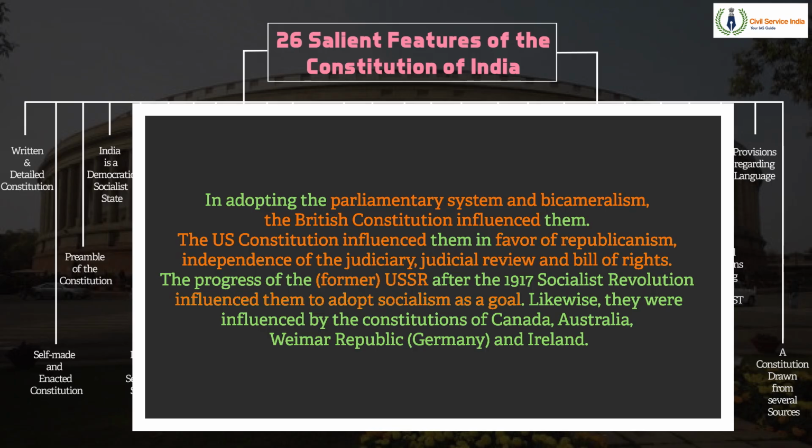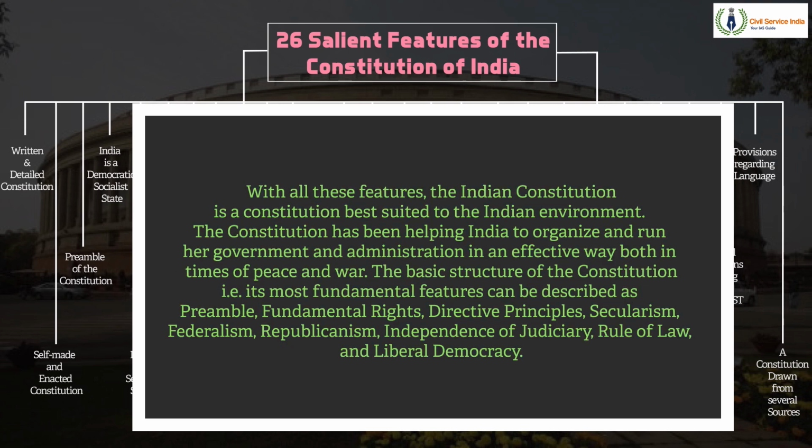Likewise, they were influenced by the constitutions of Canada, Australia, Weimar Republic, Germany, and Ireland. With all these features, the Indian Constitution is a constitution best suited to the Indian environment. The Constitution has been helping India to organize and run her government and administration in an effective way both in times of peace and war.